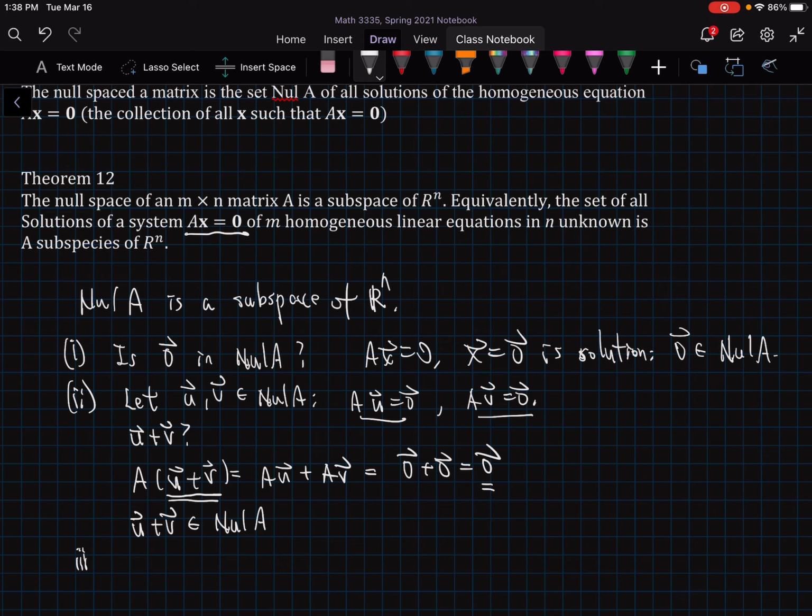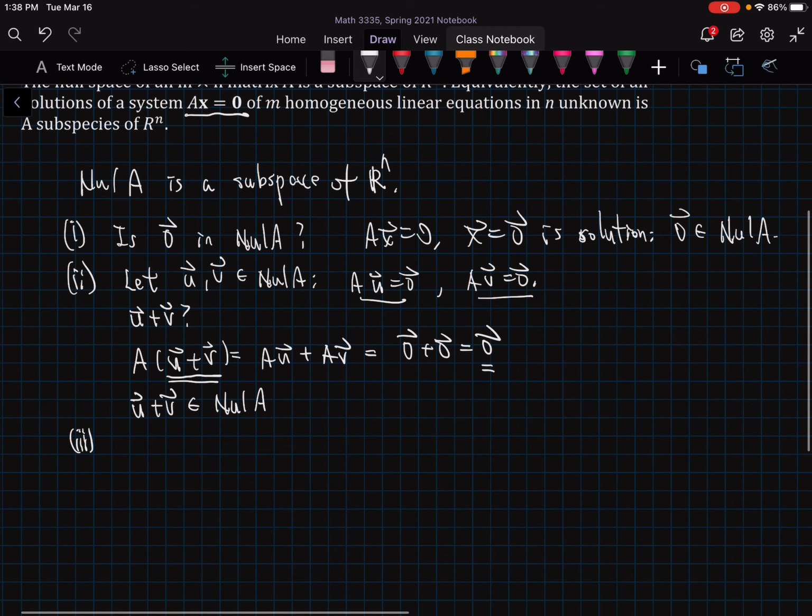Finally, if you multiply an element from the null space by a scalar C, is it still in the null space or not? So let U belong to the null space of A. By definition, this means AU = 0.